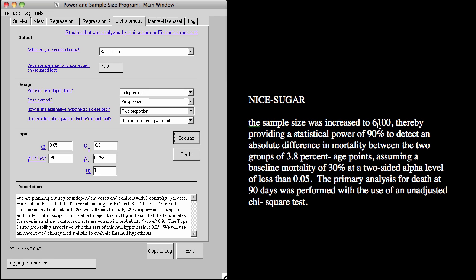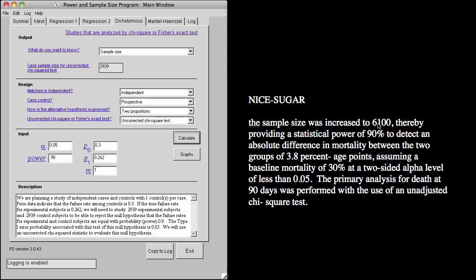Not necessarily, because their number is actually larger than our number was. So they said they needed more patients to achieve that 90% power. However, if their number was less than our calculated number, then we should start to be worried, because then there might be a higher chance for type 2 error to occur.